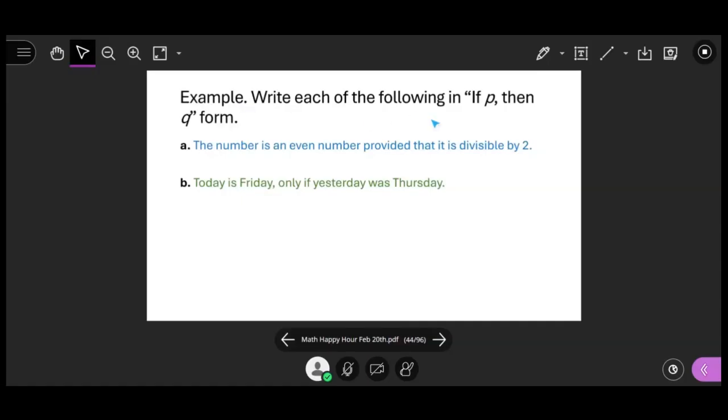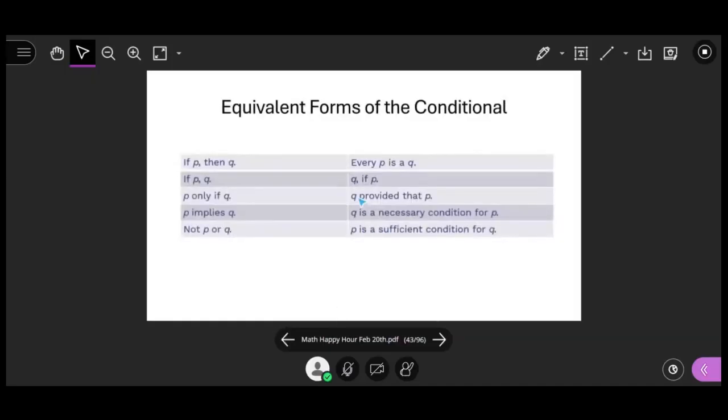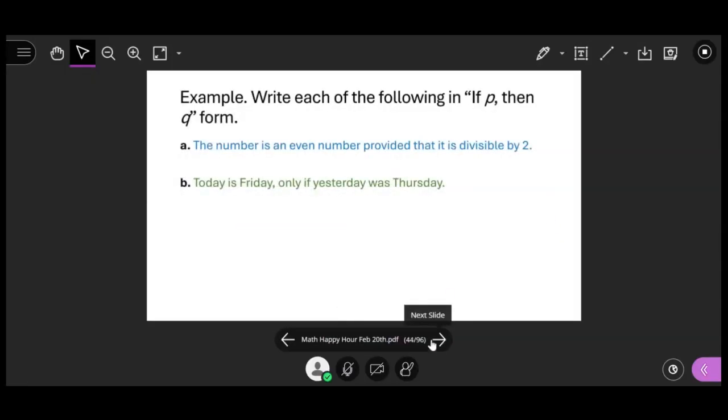So example, write each of the following in if P, then Q form. The number is an even number provided that it is divisible by 2. So here is Q provided that P. So we want to write it as if P, then Q. First we're going to identify what P is. P is, it is divisible by 2.